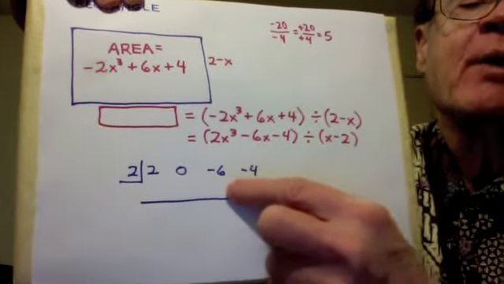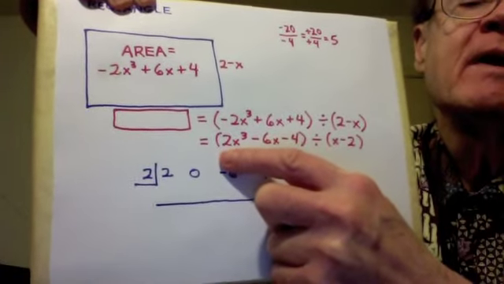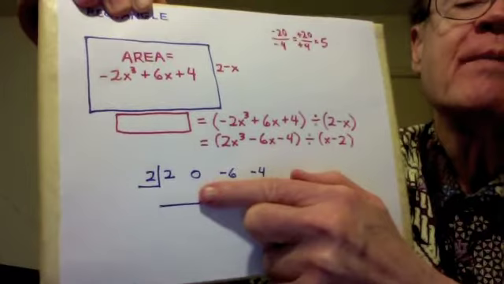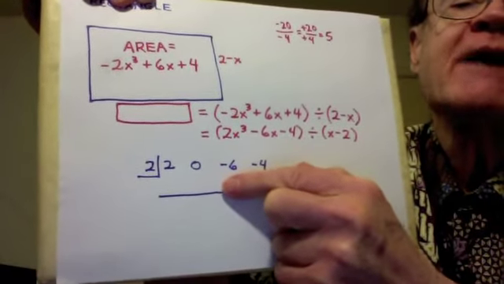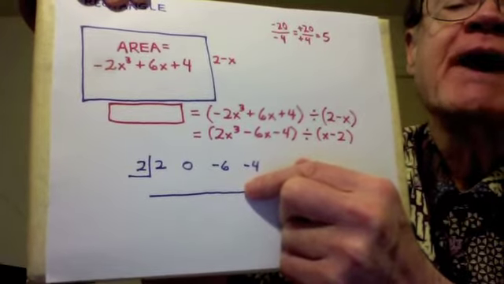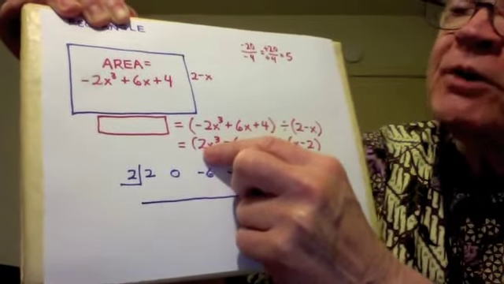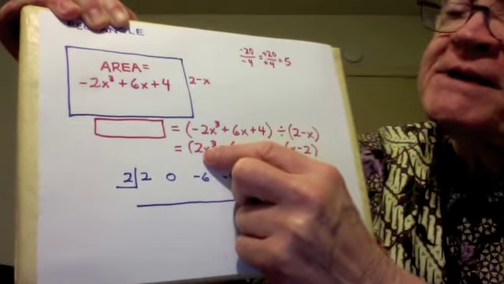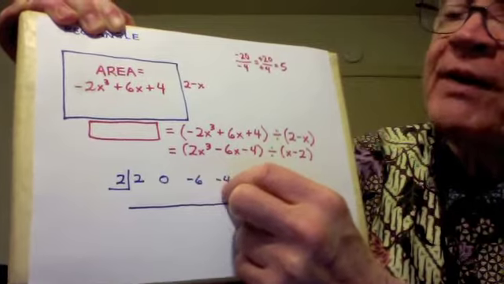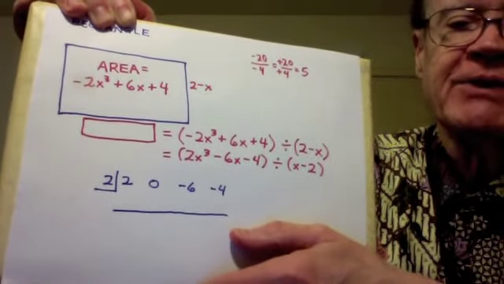Then here I put the coefficients. 2, there's no x squared term, so I have to put a 0. Then the coefficient of x, which is negative 6, and then the constant, which is negative 4. That's the coefficients with the terms arranged in descending powers of x. Third power, second power, first power, and then the constant. So that's how you set up synthetic division.